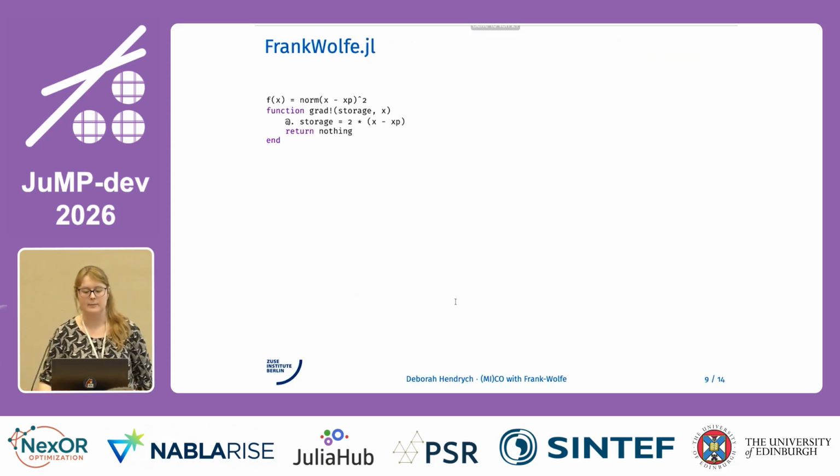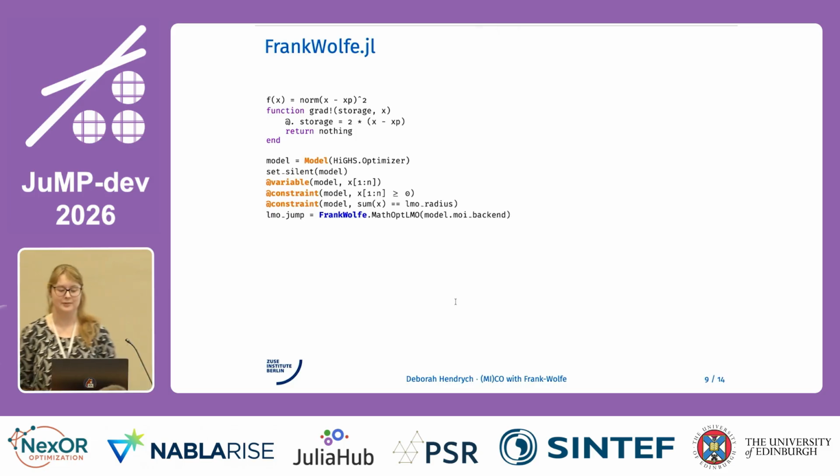And then, maybe let's just look at some very simple examples. So this is just a small quadratic problem. See here that the gradient requires a storage. This is simply because we keep rewriting the gradient into the same storage space to avoid too much memory usage, essentially.